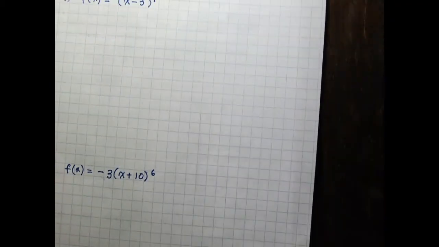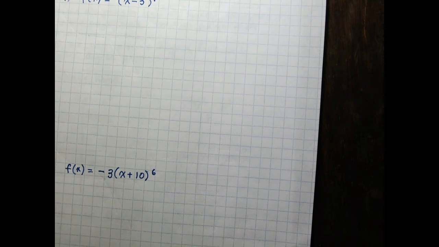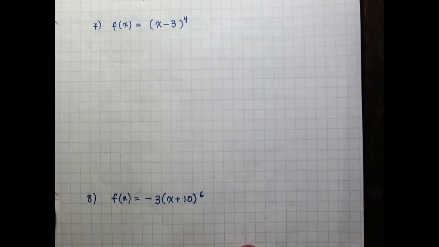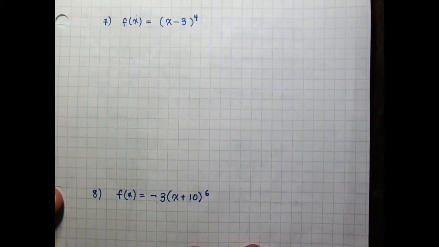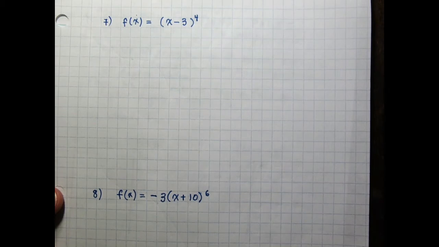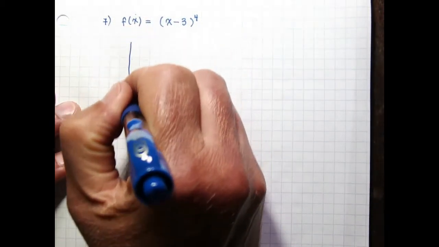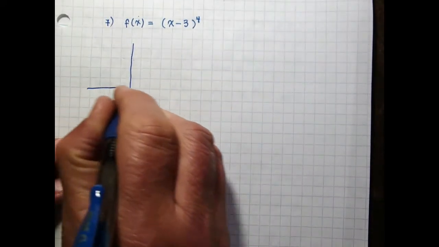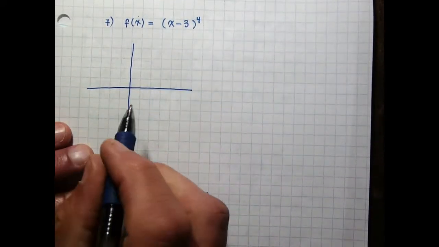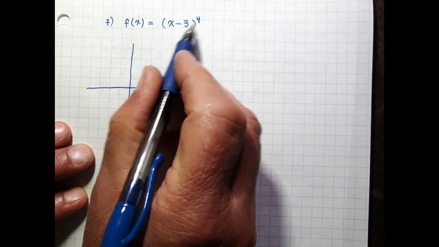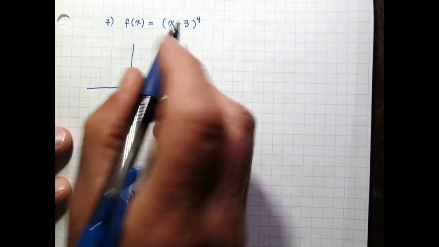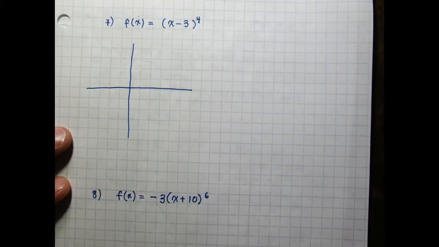Okay, I got a couple more, and I'd like to be able to get through these in this same video segment without getting too long here. Okay, so number 7 is not too bad. We have a 4th power, and so we have our basic U shape, but here we're doing a horizontal shift, right?